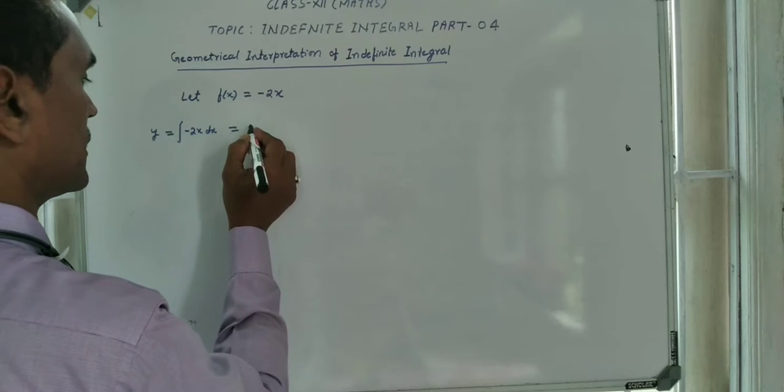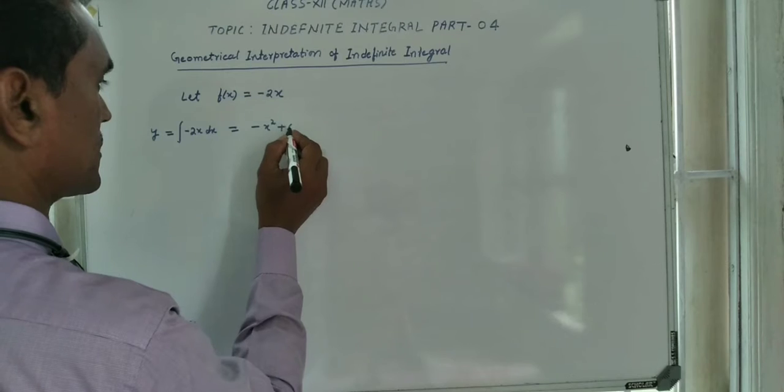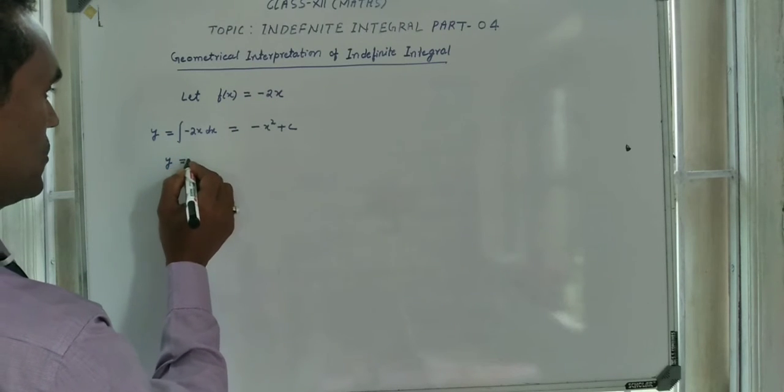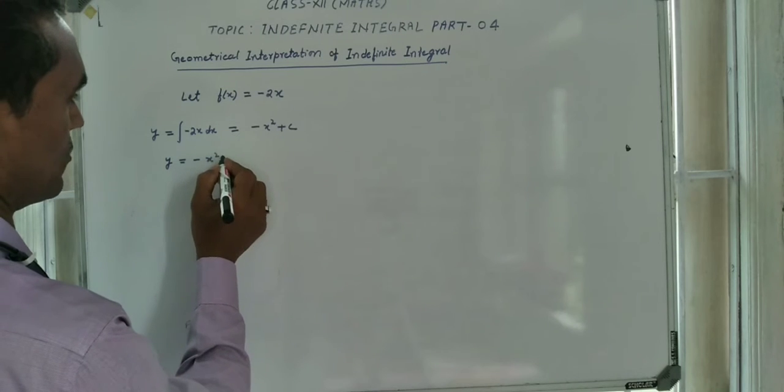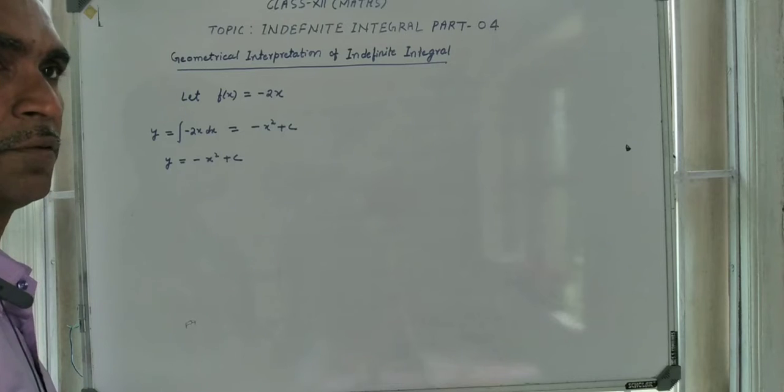Obviously its integral will be minus x square plus c. So we get here y equals minus x square plus c, where c is the constant of integration.